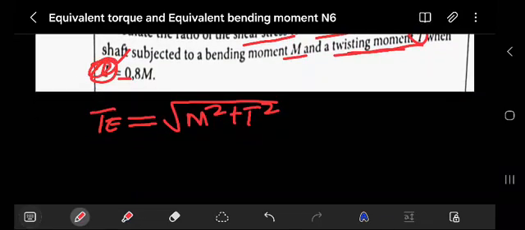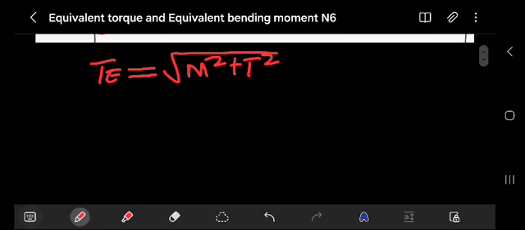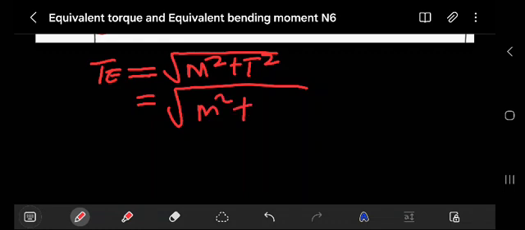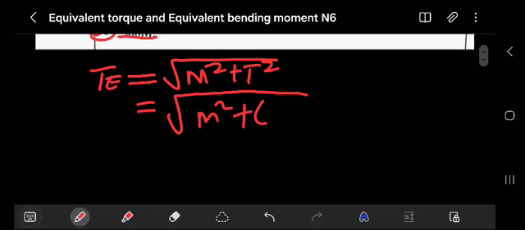From this hint, we have our torque. Simply substitute there: M squared plus that torque, which is 0.8M, so we have 0.8M raised to the power of 2.